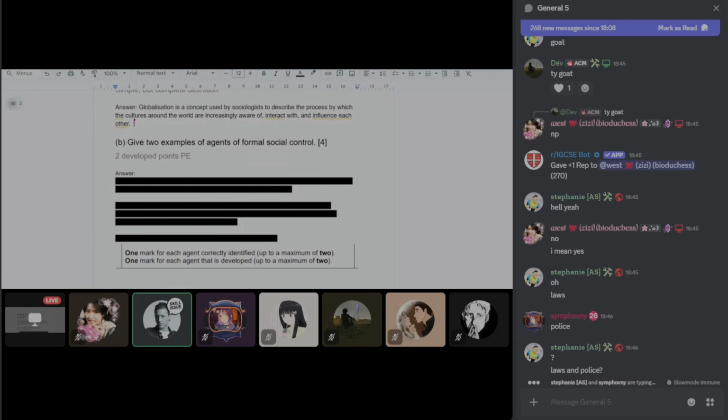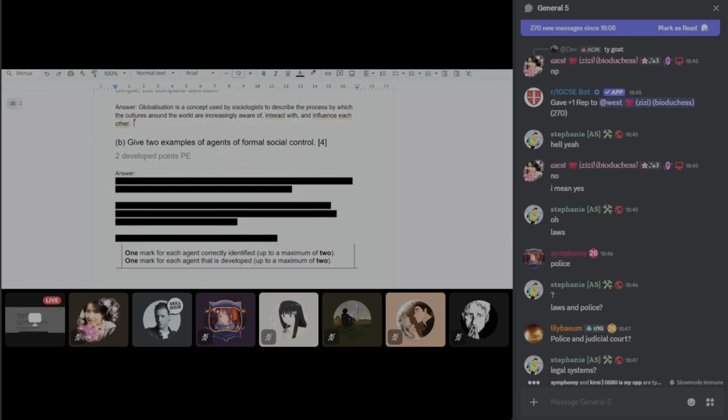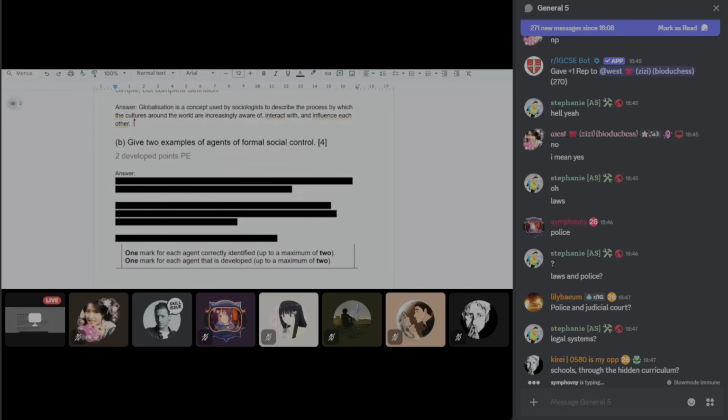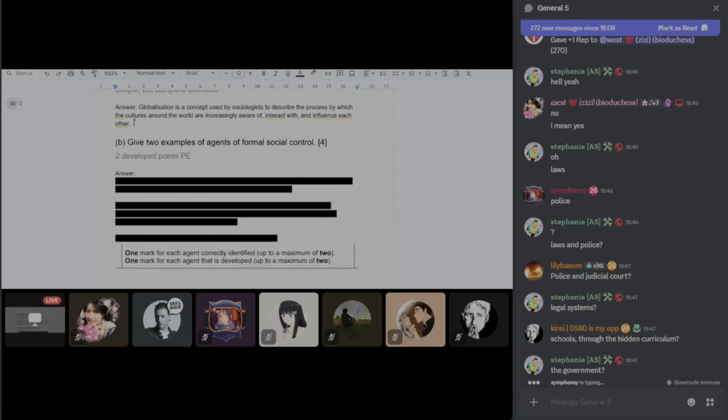Stephanie says laws, Symphony says police. Police, judicial court, legal systems, schools through the hidden curriculum, government.